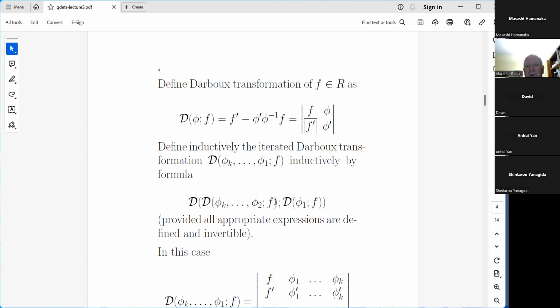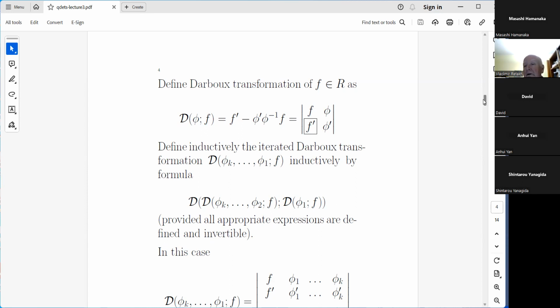Suppose you know your Darboux transformation for k-1 functions, then you apply it to another function, and you have this Darboux transformation.